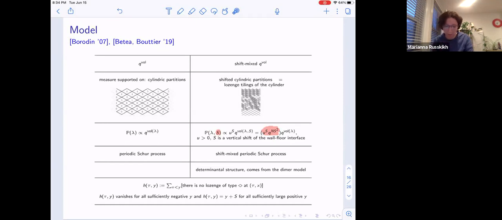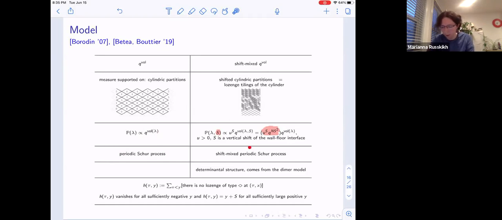Alexei also introduced in this work a periodic Schur process, which is more general than what we have here. This is a measure supported on cylindric partitions, where the probability of a cylindric partition is given in terms of Schur Q functions, and the q to the volume measure is just a particular case of this periodic Schur process.